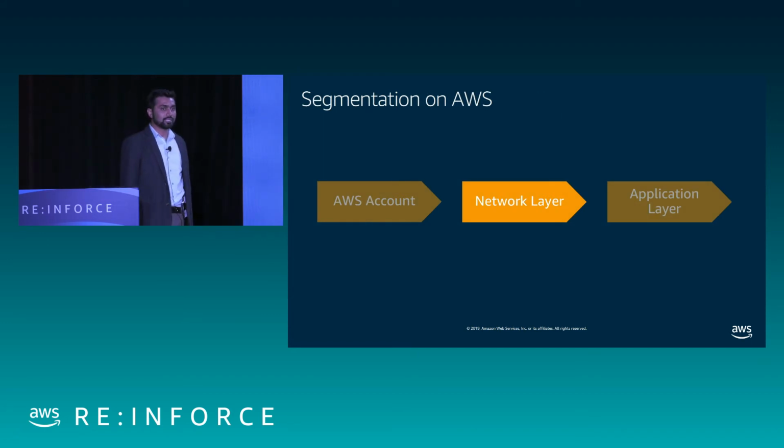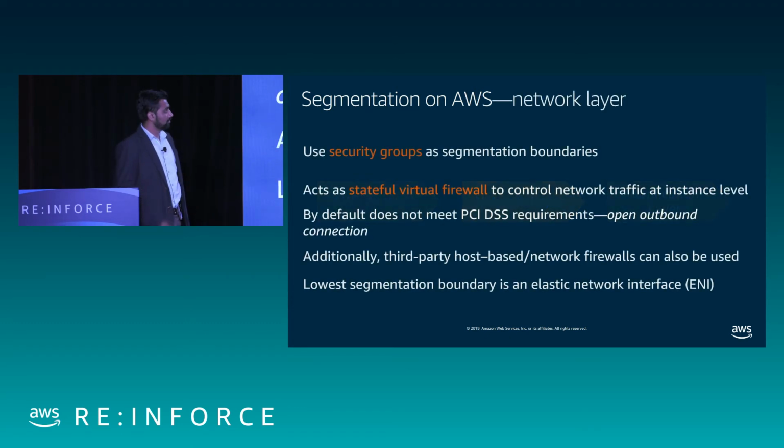Next up, let's look at the network layer. Now, sometimes it's not practical to have all your PCI DSS resources in one account. What if you need to have one account, and within that account you have more than one kind of resources? For that, we use network layer segmentation. At this layer, we recommend that you use something called security groups that we have in AWS.